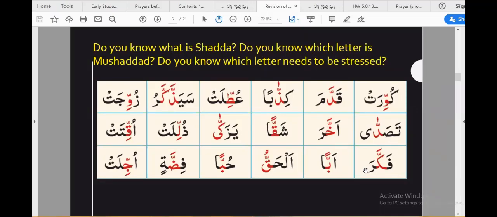Hopefully all of you inshallah will now be reminded of what a mushaddad letter is. What is a shadda? Shadda is this little W sign over here. And we have also just revised that a mushaddad letter needs to be stressed. So that was the lesson of Tashdid revised.